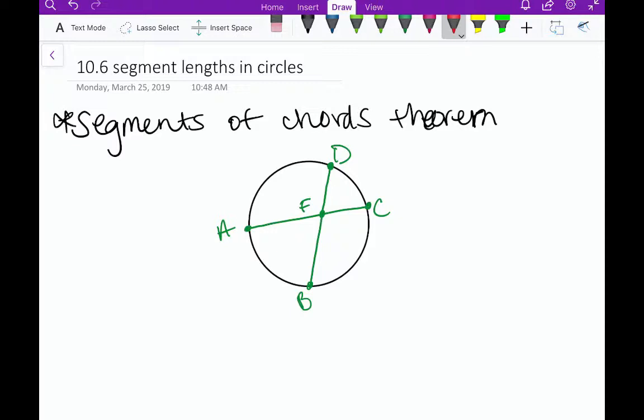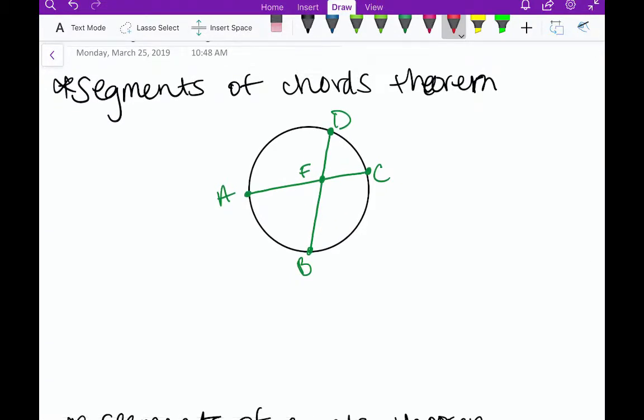So the first thing we're going to look at is the segments of chords. I have 2 chords here, AC and BD, and there's a relationship between these chord lengths or these segment lengths. Remember, if I want to talk about segments being congruent, then I want to write it something like this. And if I want to talk about their distance, then I would write it like this.